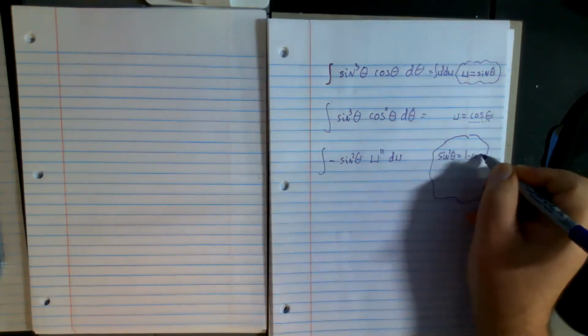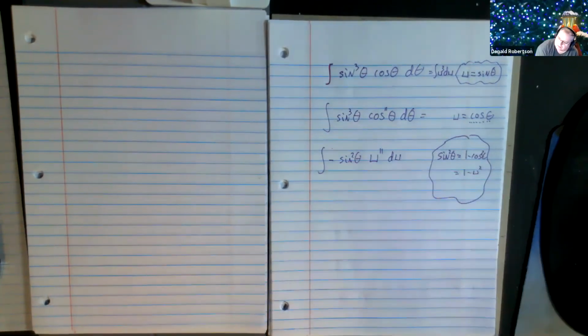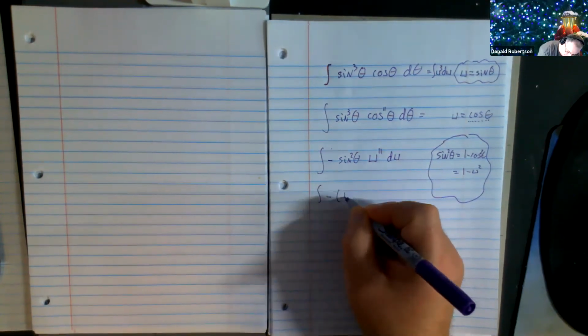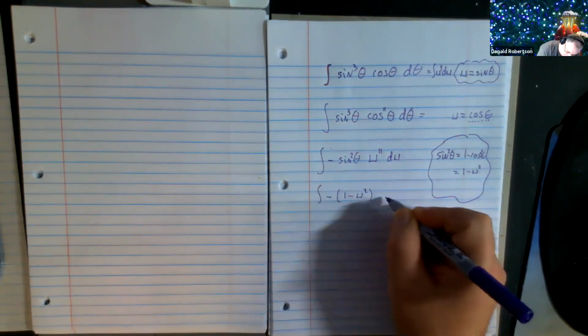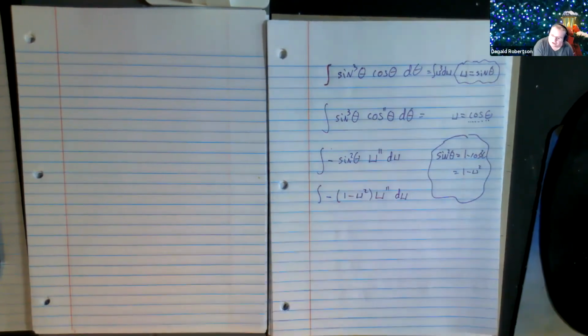Bear in mind what you want is cosines, nothing else, apart from numbers. Isn't it 1 minus cosine squared? Yes, it's that guy. Which basically means 1 minus u squared. So what you've got is a negative, a 1 minus u squared, a u to the 11 du. What do you think you would do next?